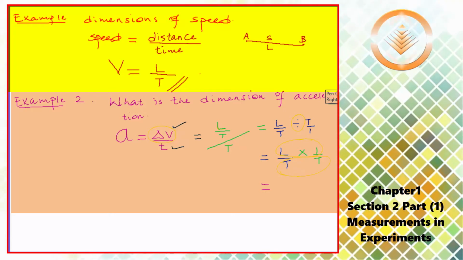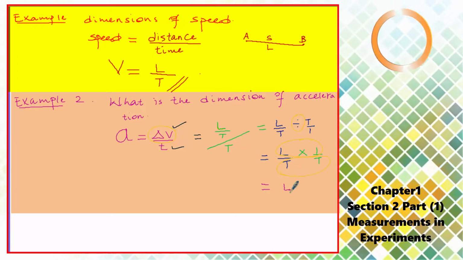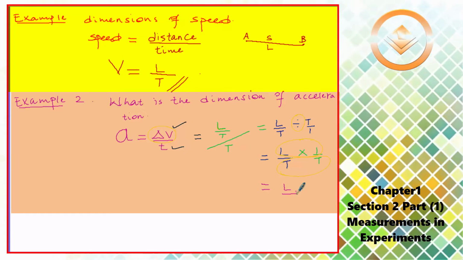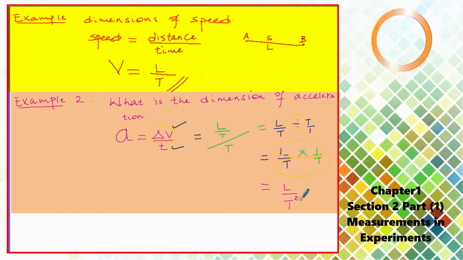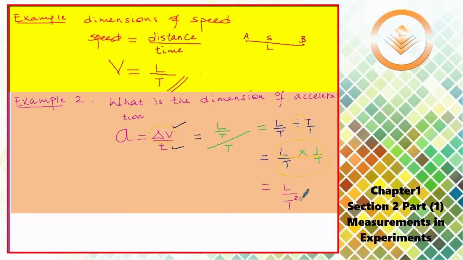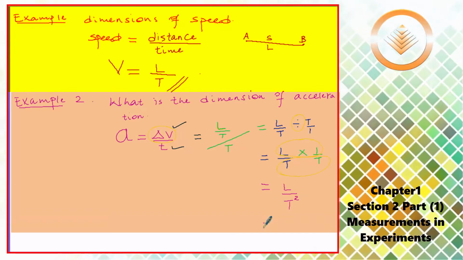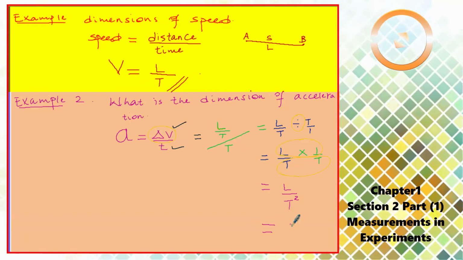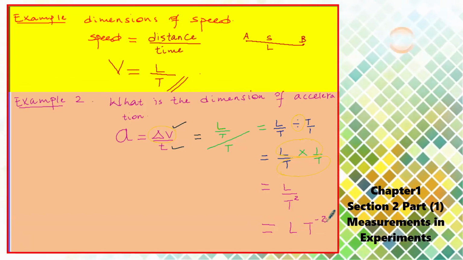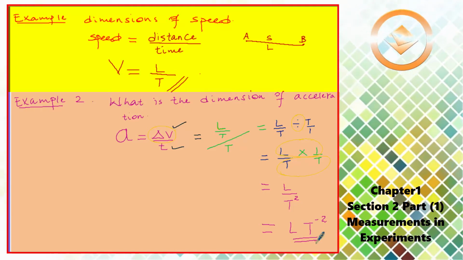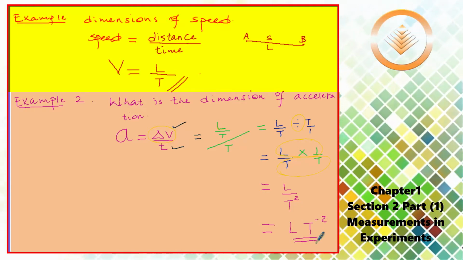That will be L times 1 is L, divided by T multiplied by T is T squared. In some books, you can rewrite this as L T to the minus 2. This is the dimension of acceleration.